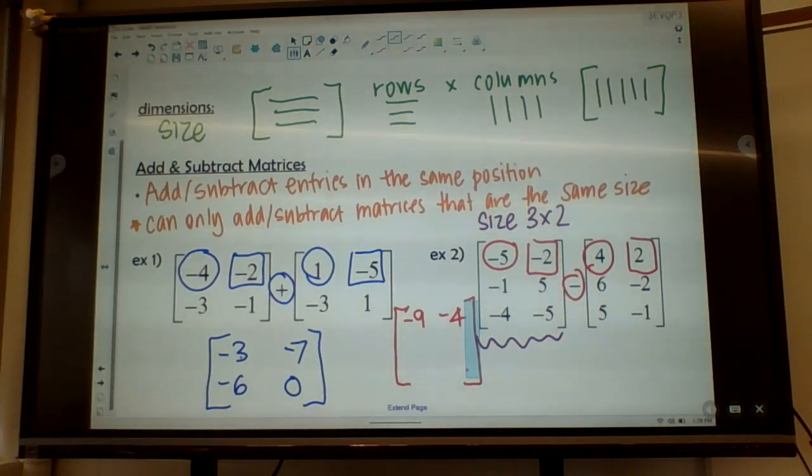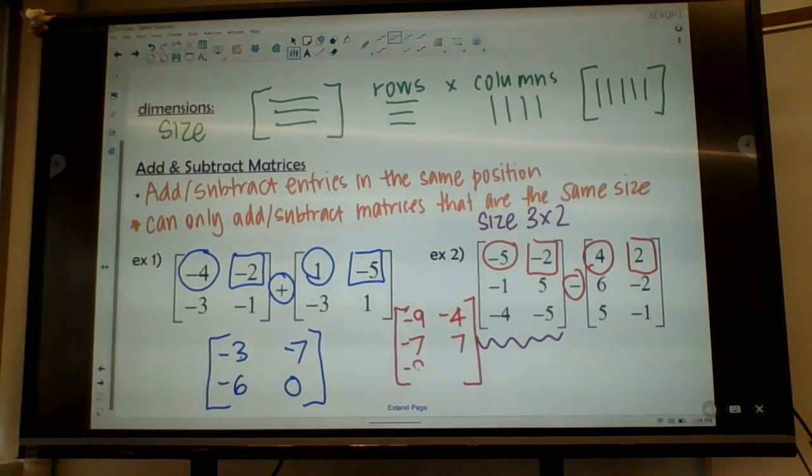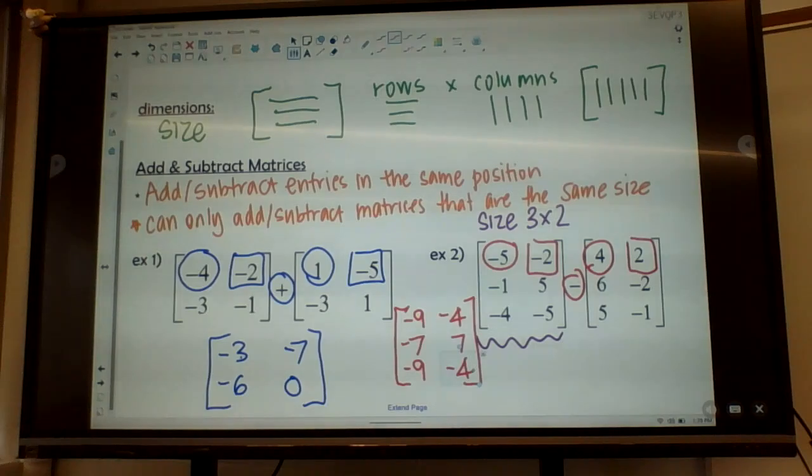And I kind of just keep working my way down. So -1 minus 6. Sorry, so I got -7, 7, -9, -4. Let me know if you don't understand where I'm getting those numbers from. Okay?